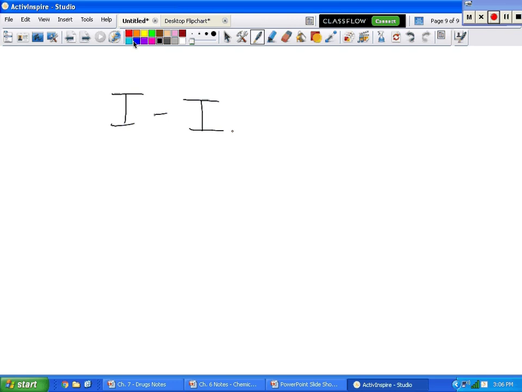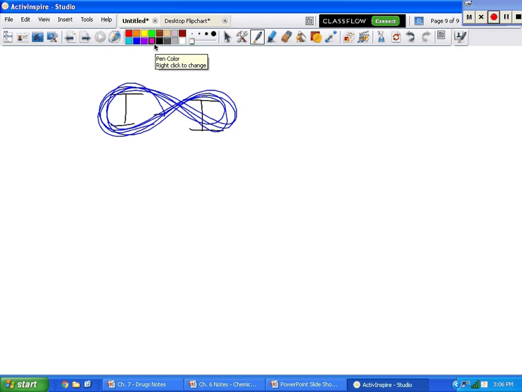Iodine has 53 electrons here and 53 electrons here for a total of how many? 106. Would you agree or disagree that every moment of every split second of every single day that it's always 53 and 53? Agree or disagree?